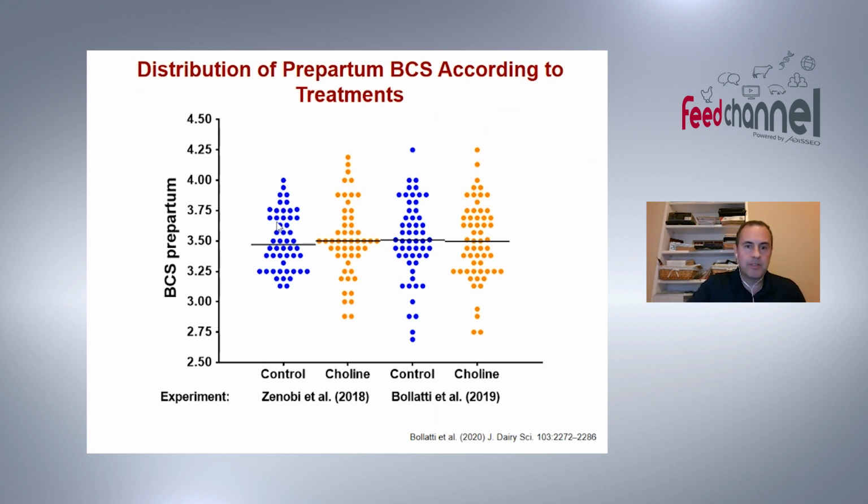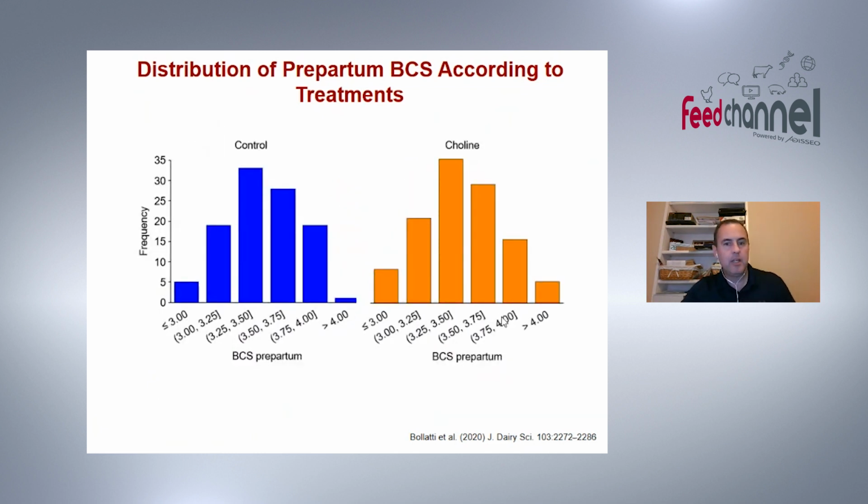So you can see here the distribution of body condition score of those cows, and you can see that they are quite similar across the 2 treatments. So we had cows that had moderate body condition score, and we had cows that were overconditioned.